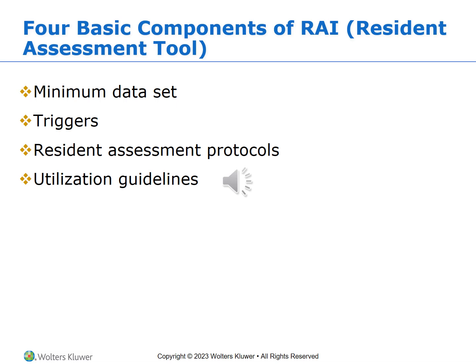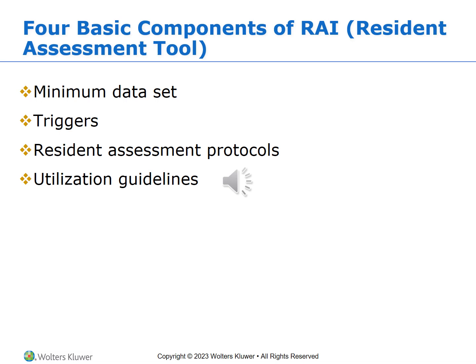So in long-term care facilities, they use the Resident Assessment Instrument, or RAI, also known as the Resident Assessment Tool. And this tool is called the MDS, or Minimum Data Set. This MDS is a document that compiles a summarization of the patient's chart.